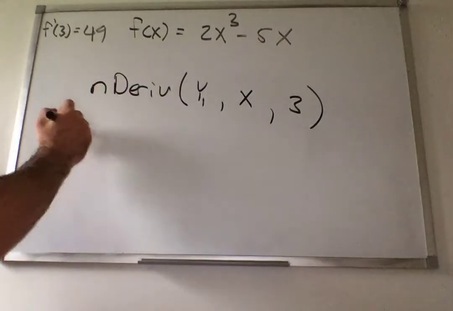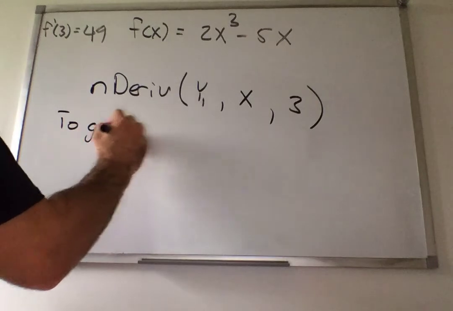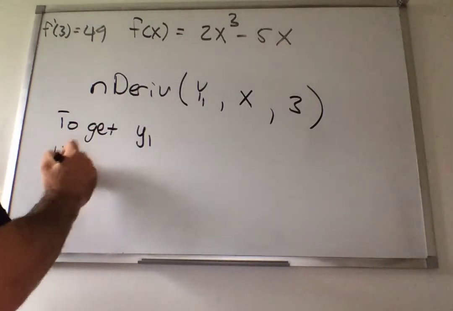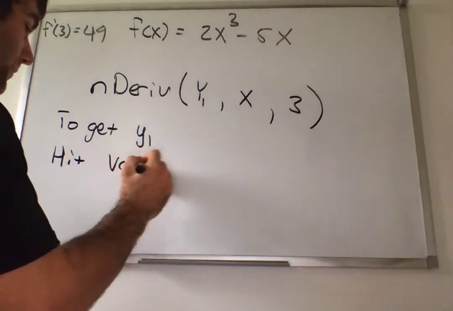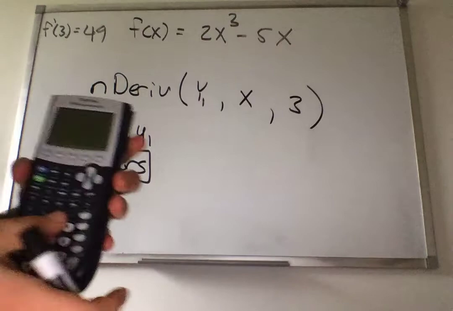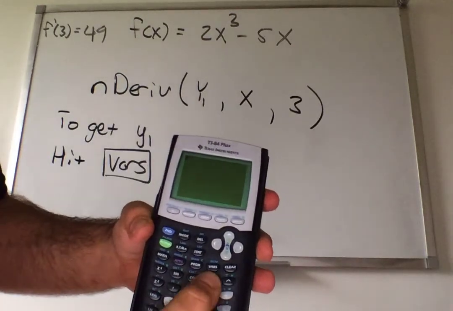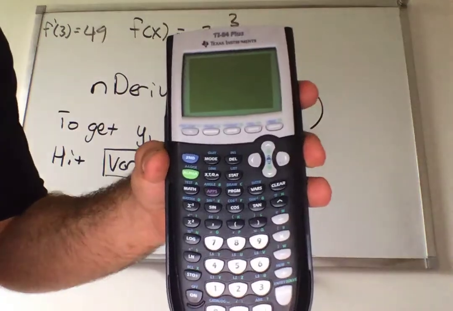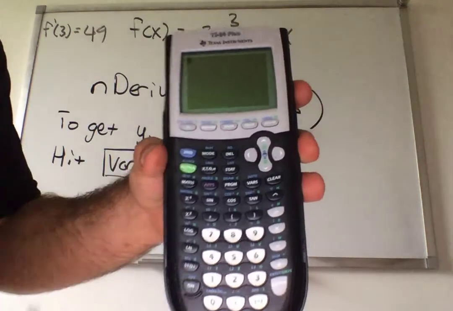So to get y1, hit the vars button. The vars button is right above my finger right here. VARS, okay? Right there.